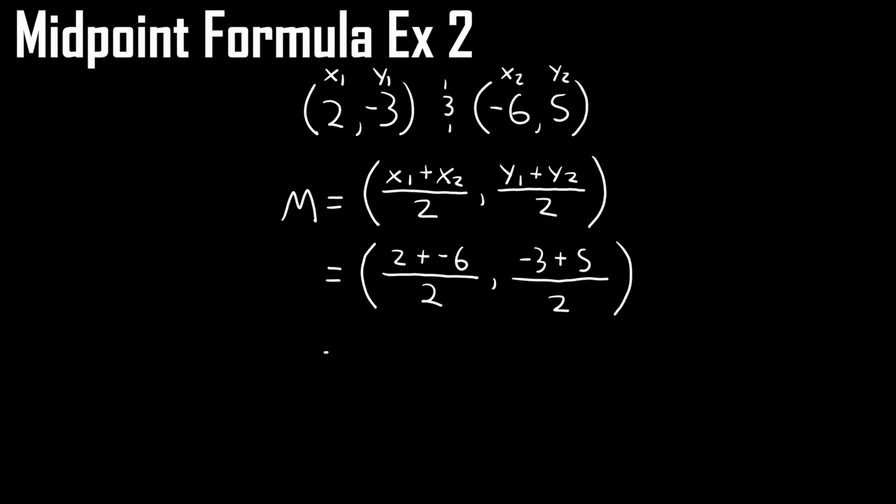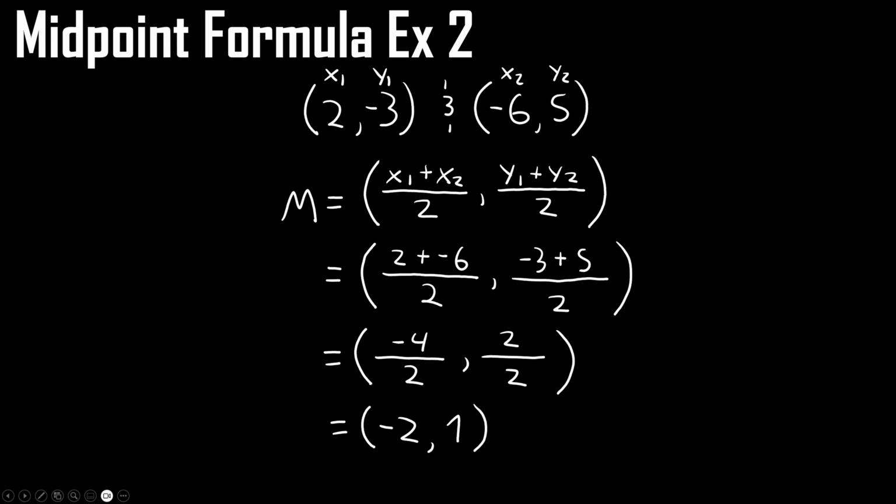This will simplify to -4 over 2, comma, 2 over 2, which will give us the point -2, 1. So the midpoint between 2, -3, and -6, 5 is -2, 1.